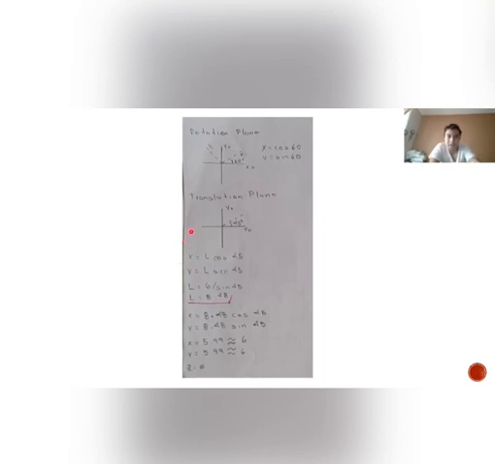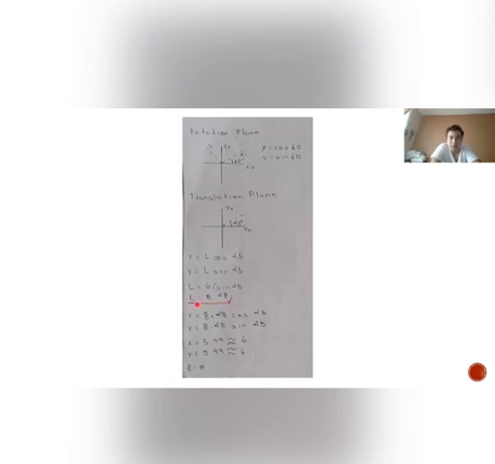Now, from the formula, we put x equal to L cos 45, y equal to L sin 45, and we put L alone, equal to 6 divided by sin of 45, and we do this in our calculator, and we obtain that the value of L is equal to 8.48.